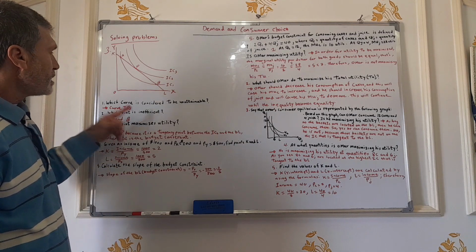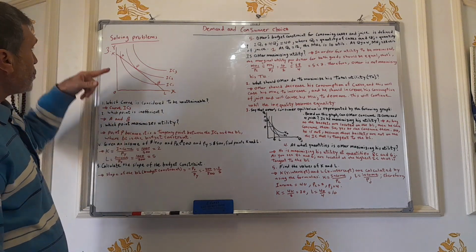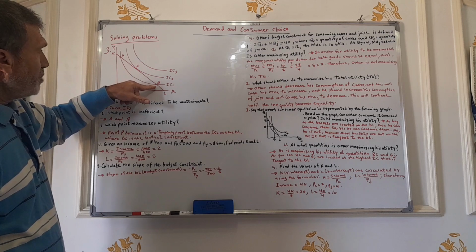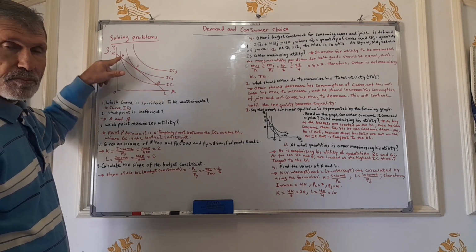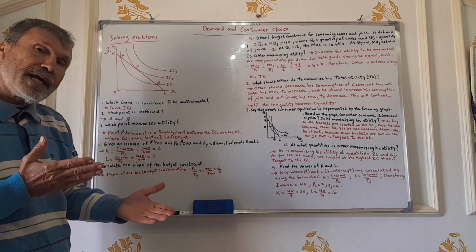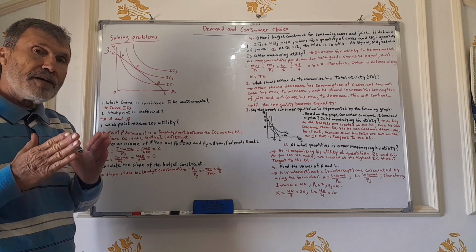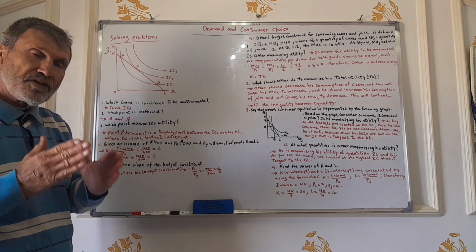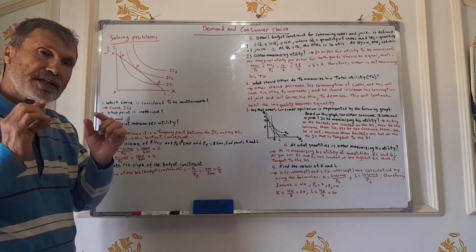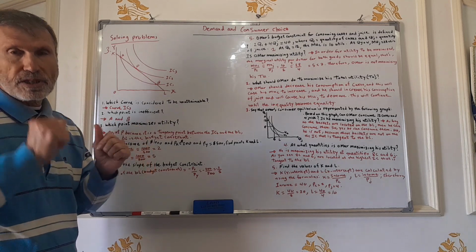Now, which point is inefficient? Of course, as you can see, points A and B on the budget line are attainable. However, are they efficient? No, they are not efficient. For a basket to be efficient, it should be on the highest indifference curve that is tangent to the budget line.